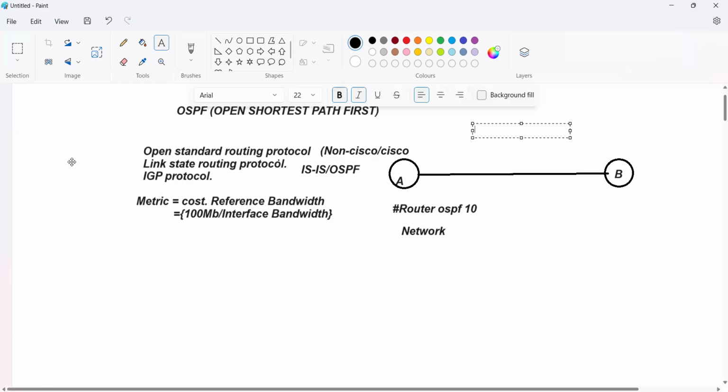And it is an IGP protocol, interior gateway routing protocol. What does that mean? It will work within an AS, an autonomous system number. Within the AS it will work.